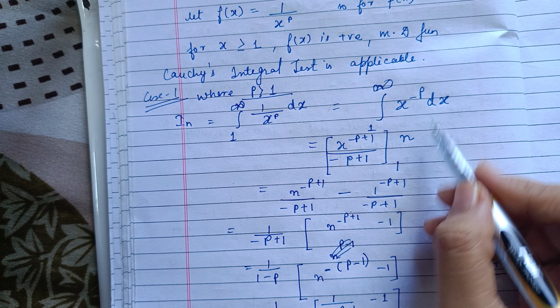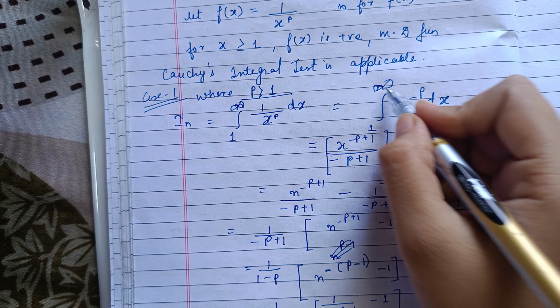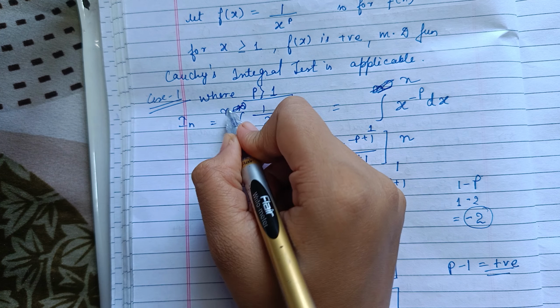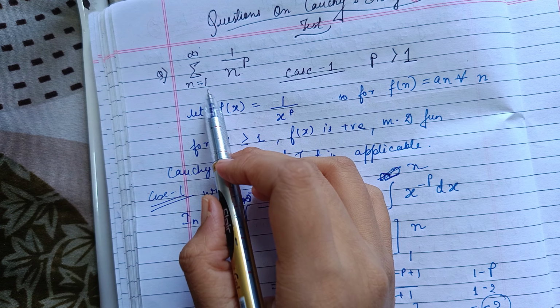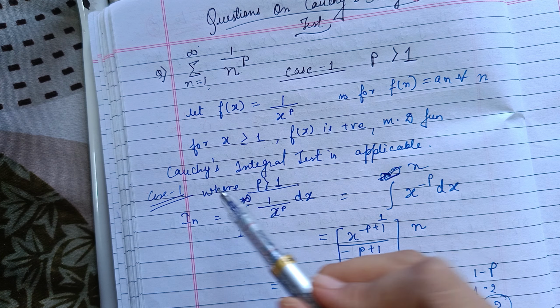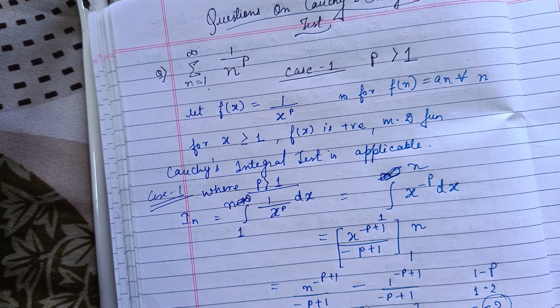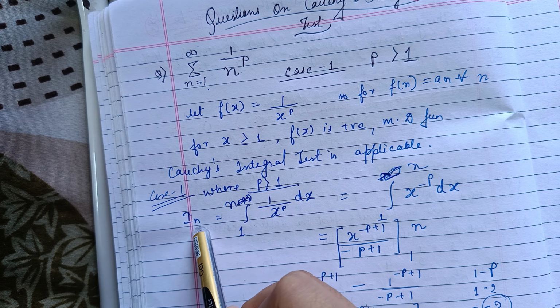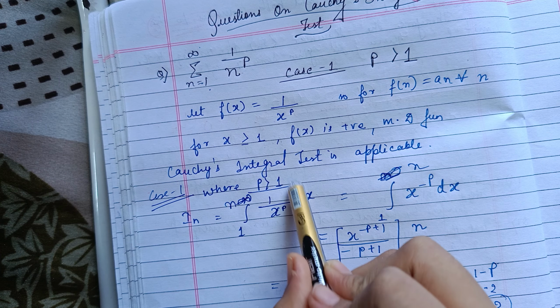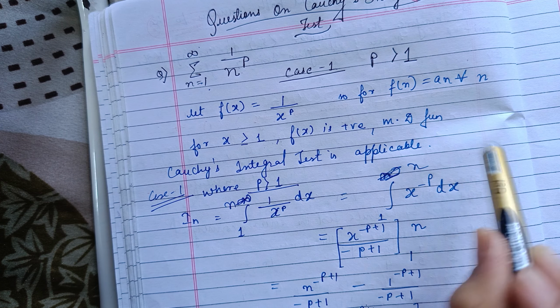Wait a sec, here it will be n only, but in the question it is given 1 to infinity. This is actually from the definition of Cauchy's integral test: if it satisfies all three conditions, positive, monotonically decreasing, as well as integrable function, then we have I_n such that from 1 to n, f(x) dx. This is from the definition of Cauchy's integral test.